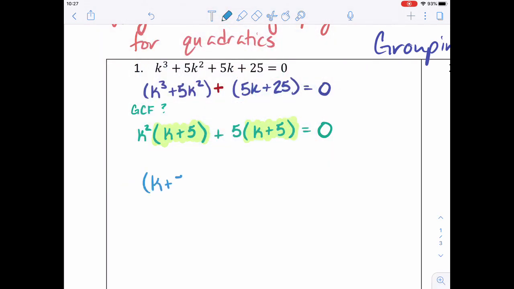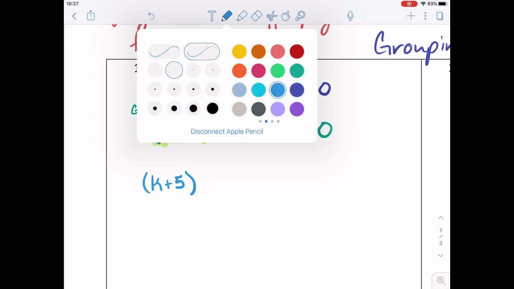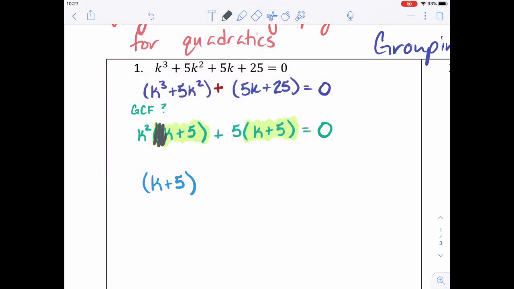K plus 5. Now imagine if we got rid of this k plus 5 in both places, what's left? So what's left is k squared minus 5, and that is our new factor.